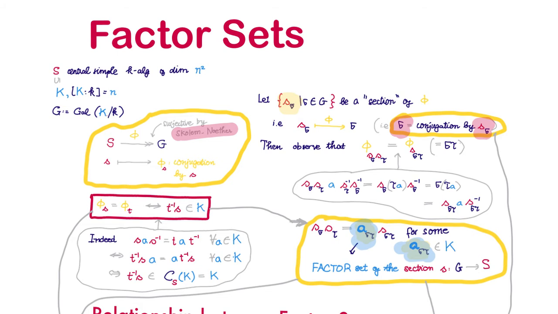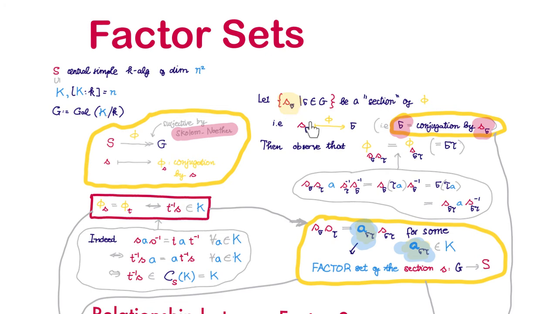So in other words, we see that conjugation by S and conjugation by T restrict to the same map on K if and only if T inverse S lies in K. That is, if and only if T and S differ by a scalar in K. In other words, the fiber over any element sigma of the Galois group just consists of scalar multiples of some element S. So now let us choose for each sigma an element S sigma in this fiber.